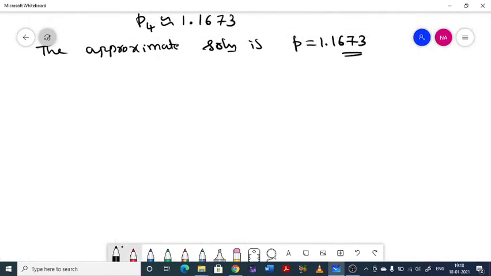So the last problem. See, the given equation is x power 6 minus x power 4 minus x cube minus 1 equal to 0, P equal to 1.5. Solution.